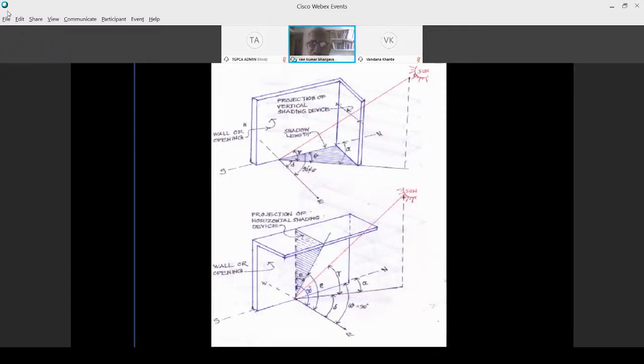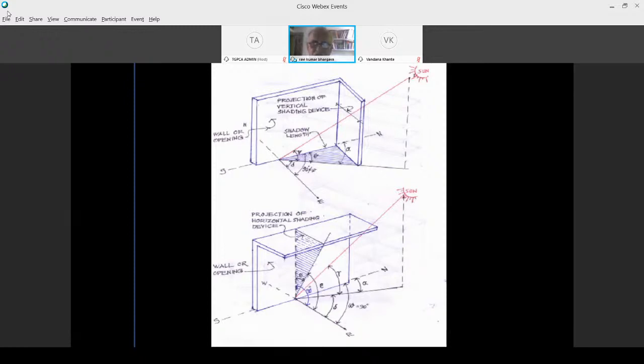In this diagram, the wall is facing the east direction, so the wall azimuth in this case is, in our case, 40. So friend, the difference between the solar azimuth angle and the wall azimuth angle is denoted by delta.